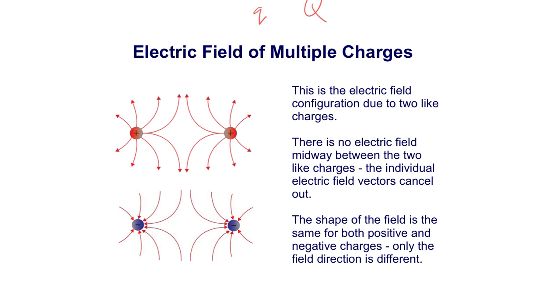But if the two charges are relatively the same size, or not a huge difference in their magnitudes, you're going to get the field lines being bent. The field rules I talked about before still exist. The field lines keep on going in space, going away from positive towards negative. They never cross.